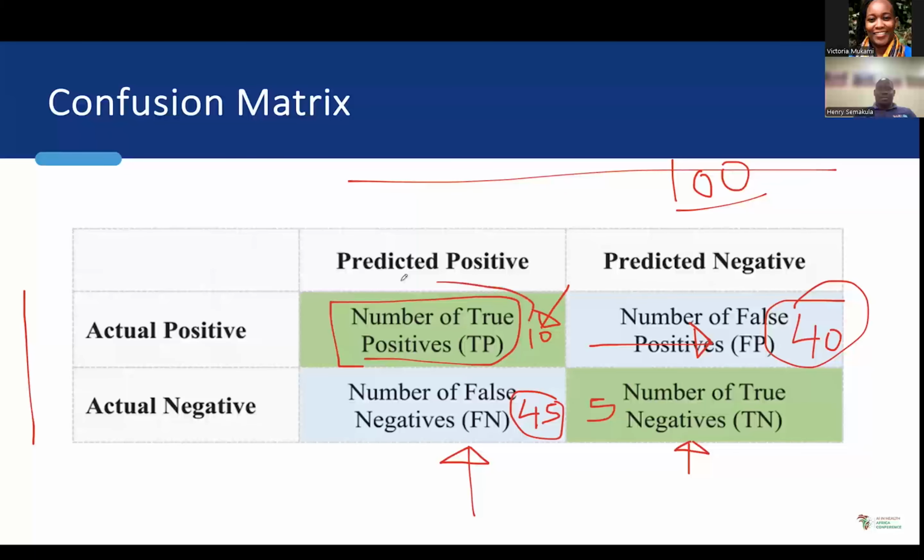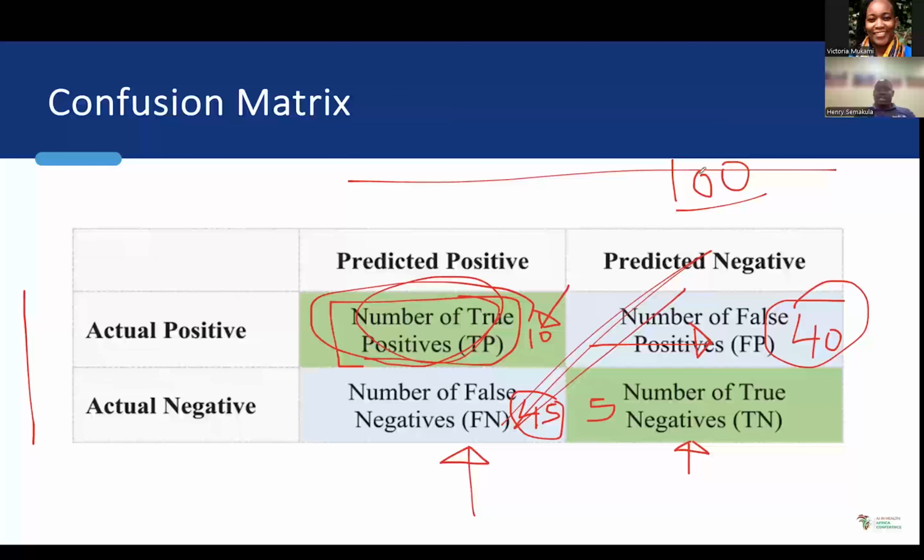If you see much of your values falling under the true positives and the true negatives, that means that the model is performing well. So this other corner, the false positives and the false negatives, are wrong predictions, wrong classifications the model is making.